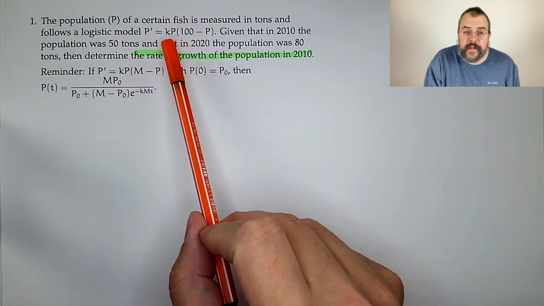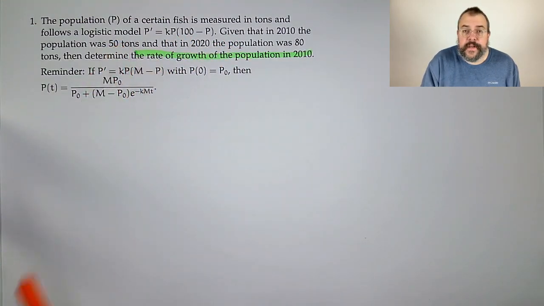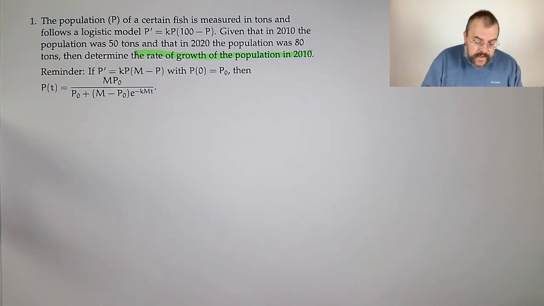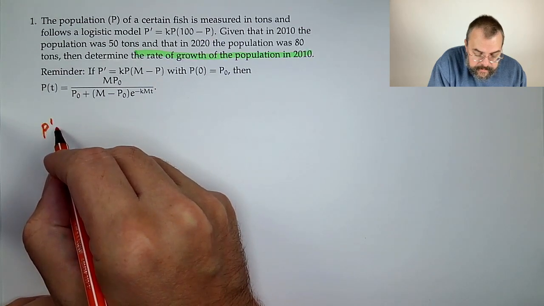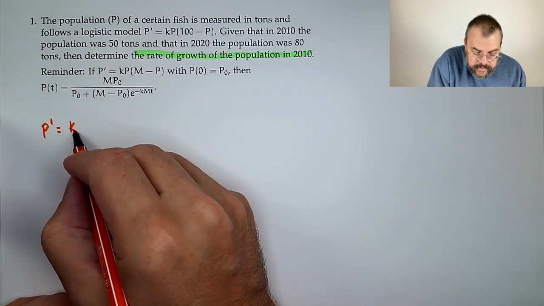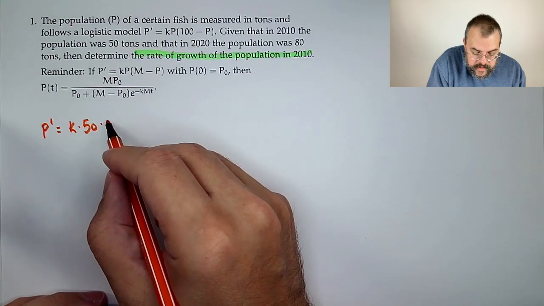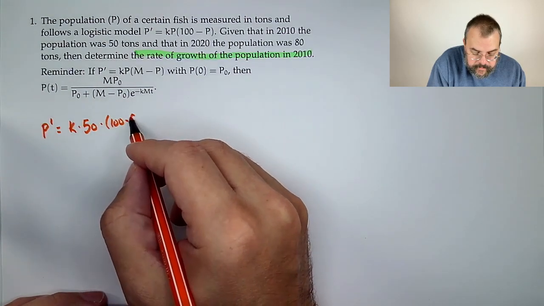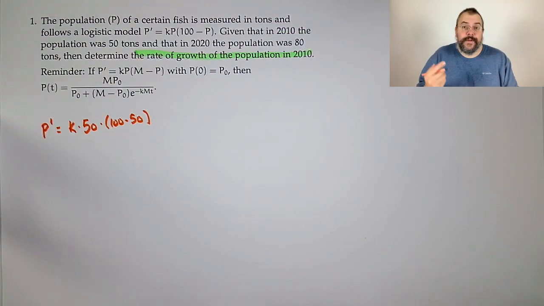It's P prime, K times P times 100 minus P. And in 2010, we had 50 tons, which means our answer is going to be P prime, which is K times 50 times 100 minus 50. So that's the answer, except one detail. What's K? As soon as we find K, we plug it in, and we'll be done.